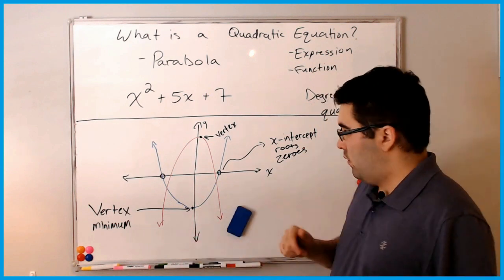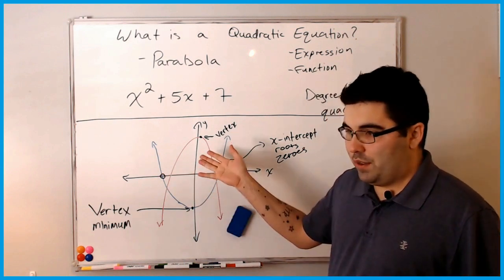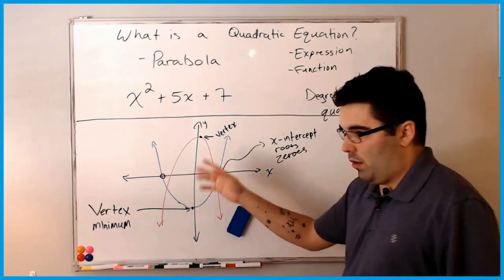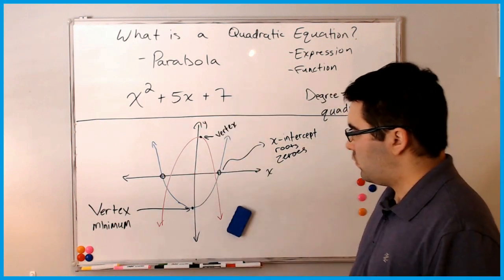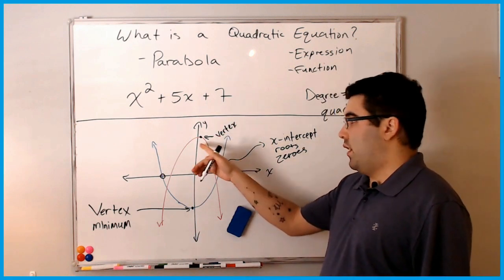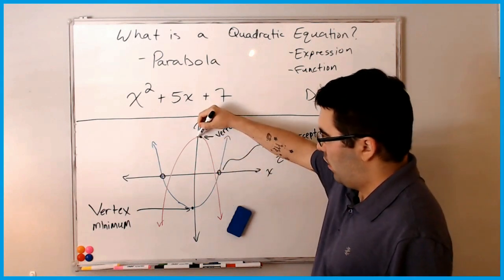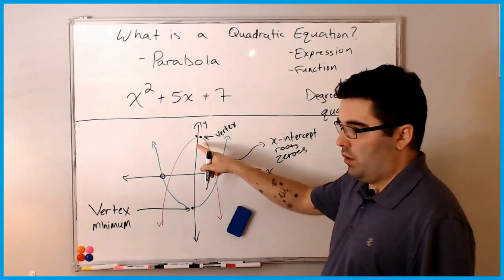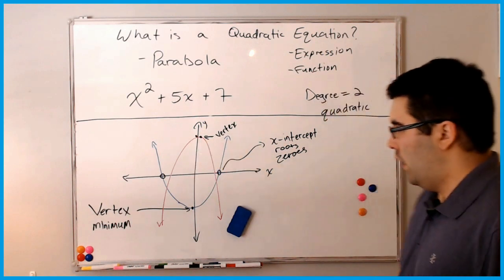It's just that just like this has x-intercepts, it's technically got a y-intercept too. So wherever the parabola crosses the y-axis is your y-intercept. So I'm just pointing out that it could wind up being the same value as your vertex, but both of these I drew slightly off center. So technically their y-intercept is not the same point as the vertex, just kind of near it.